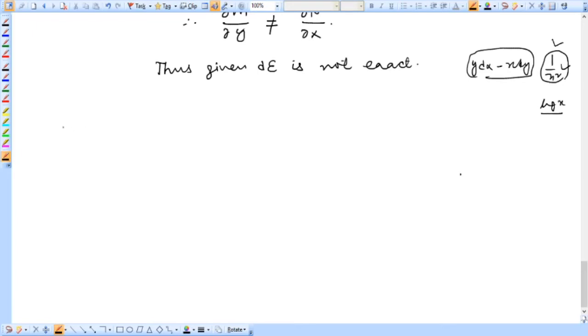So let us see. I'm leaving it up to you to write that the expression y dx minus x dy suggests that 1 by x square should be the integrating factor of this differential equation, and since log x is involved here, we are going to take only 1 over x square.